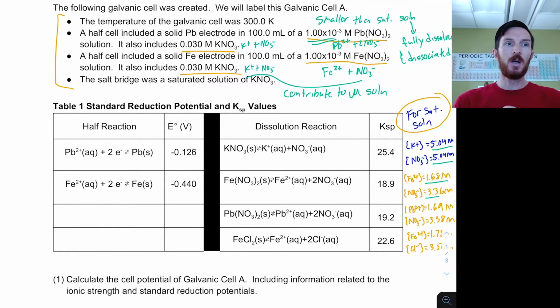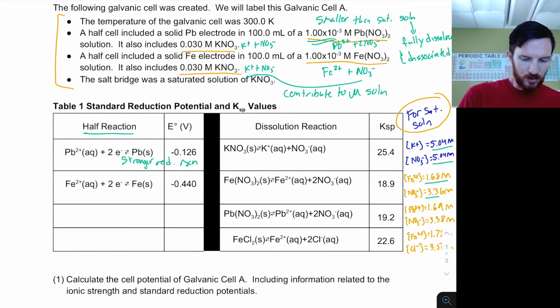Now that we have that information, and we have these two cells, let's first figure out what kinds of reactions we're going to have. Which one's going to be reduced, which one's going to be oxidized? Over here we have our half reactions for our standard reduction potentials. We notice that our lead is less negative in its standard reduction potential, meaning that it is a stronger reduction reaction, so that would be gaining the electrons.